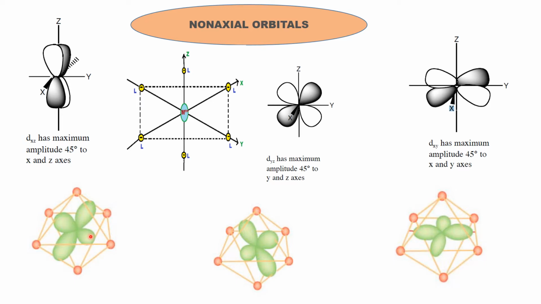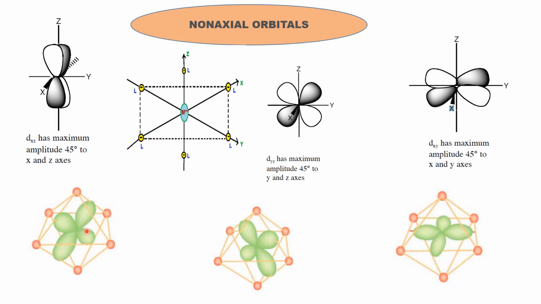So in the case of non-axial orbitals, the ligands are not directly approaching the lobes of the orbitals. So these orbitals are somewhat stabilized by the six ligands, unlike the axial orbitals.